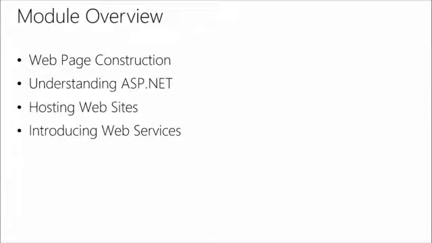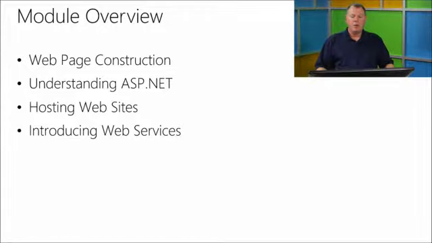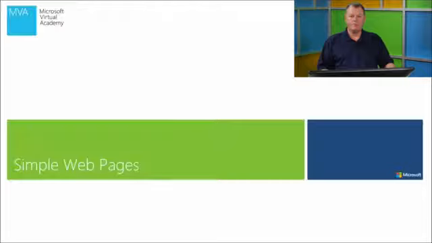We'll talk briefly about how those sites are hosted on the different platforms. In this case, we'll focus on Microsoft's platform, Internet Information Services. And we just want to gain an understanding of how the hosting of this information takes place on a web server itself. And then finally, we'll take a quick look at what a web service is, an introduction to what they are and how they provide functionality within the programming world.